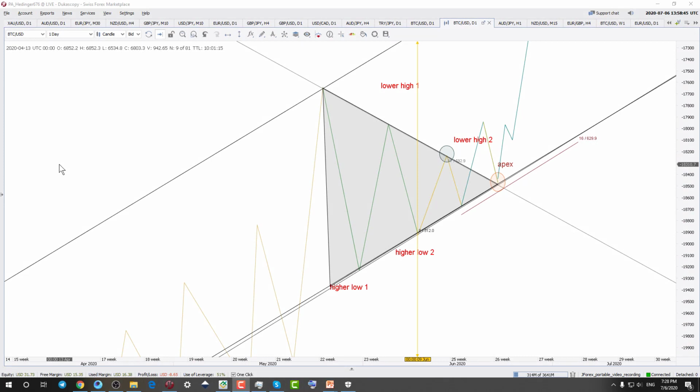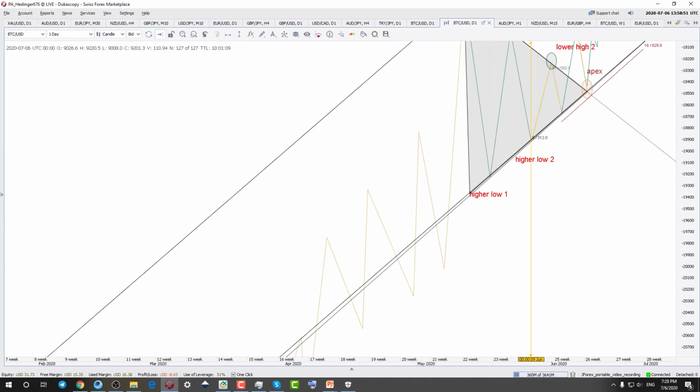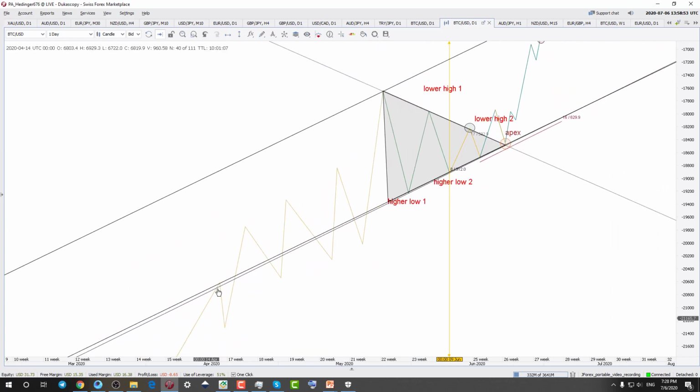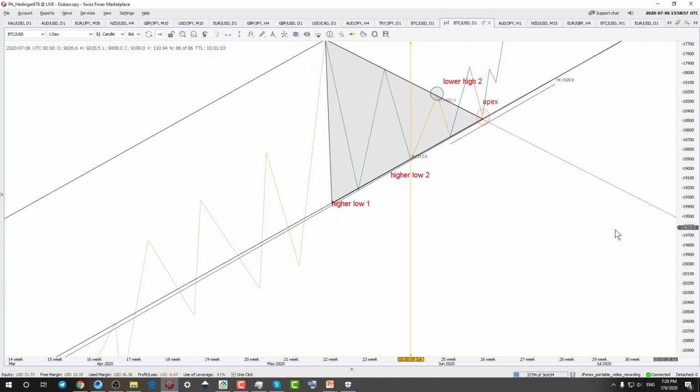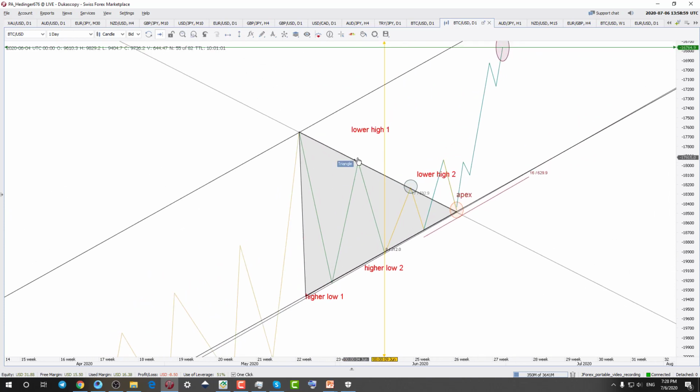Okay friends, I have pulled up the chart where I had explained the symmetrical triangle to you. For a symmetrical triangle, what we need is a prior trend. In this case it is an uptrend, and then we need two lower highs forming after this significant high. There were two highs forming which were lower than the previous one.